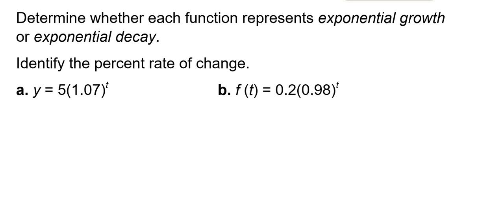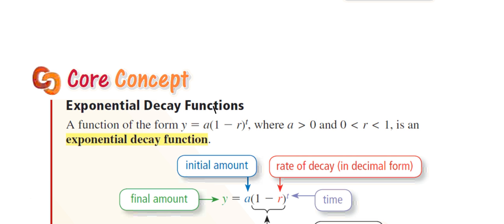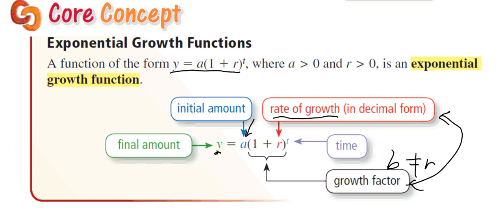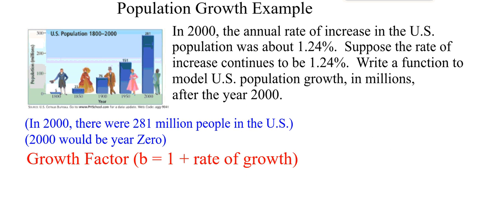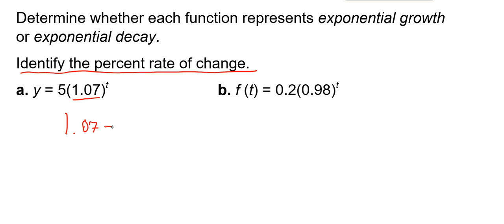Okay, so if I want to determine whether each function represents exponential growth or decay, now I'm looking again, and I want to identify the percent or the rate of change. So this number is greater than 1, and you can always take that growth factor and subtract 1 from it.